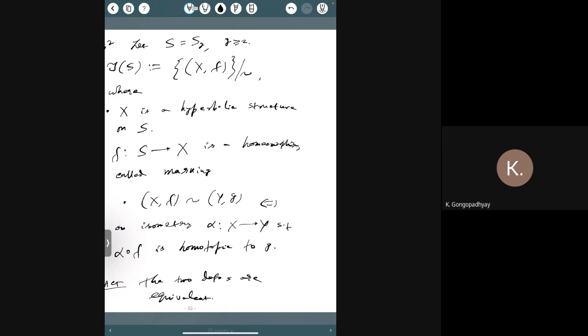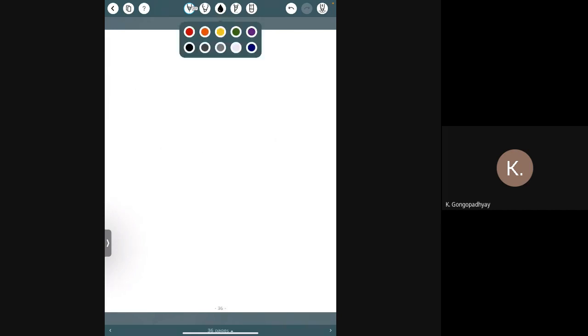Now finally I would like to mention another definition, a group that one can define. You take the set of all orientation preserving homeomorphisms.